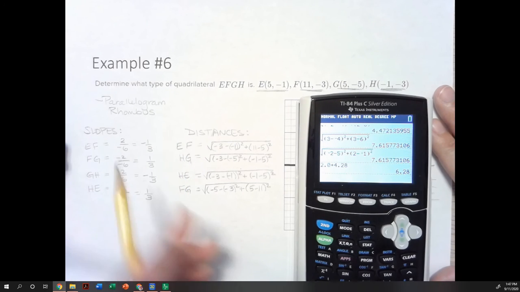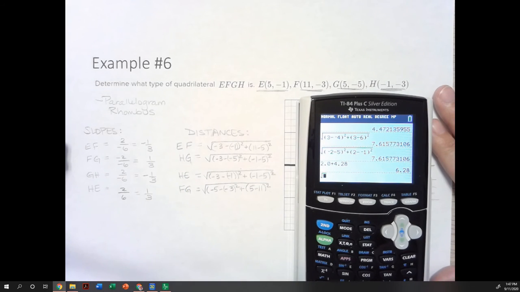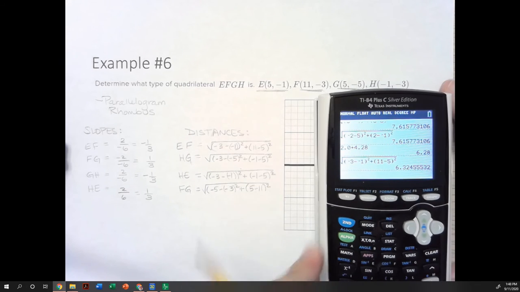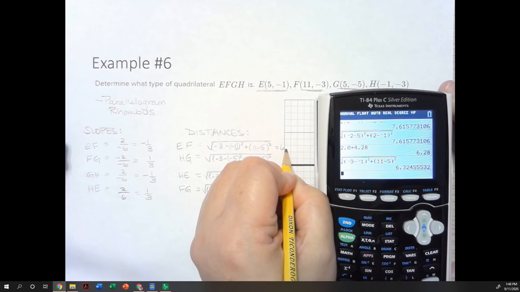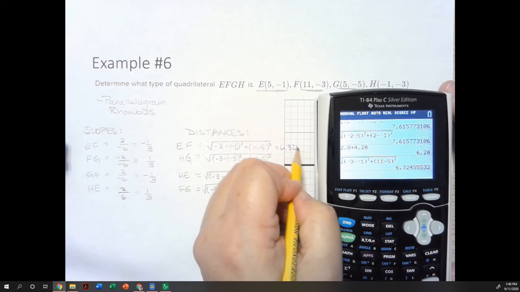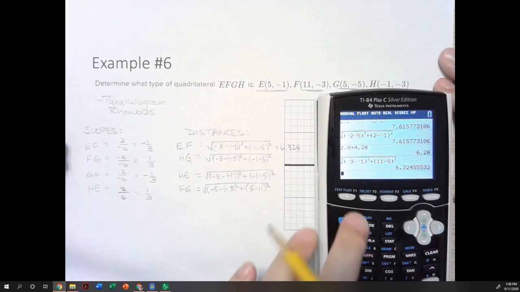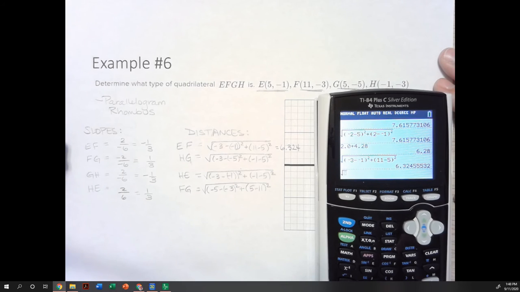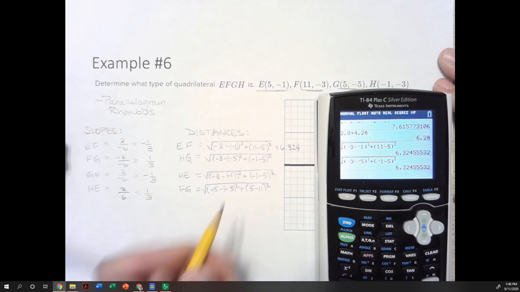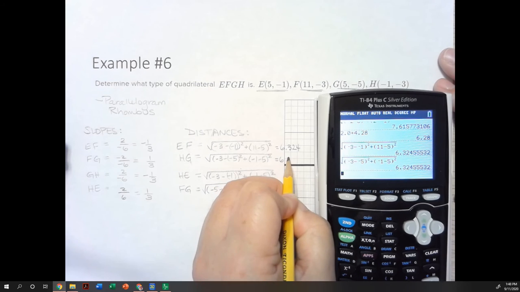All right, so let's start with this first one. The square root of parentheses -3 minus -1 squared plus 11 minus 5 squared. All right, so I get 6.324. All right, square root, parentheses, -3 minus -5 squared plus -1 minus 5 squared. 6.32, that's a good sign.